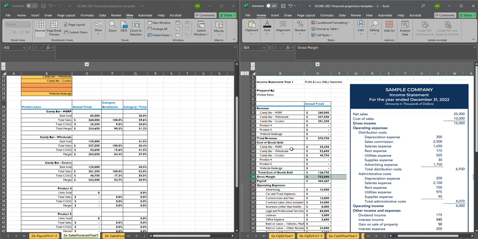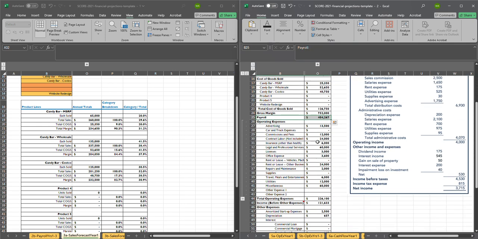So after this subtotal, the next major section that comes in an income statement is the operating expenses. And you can group this in a number of different ways. The sample company has it by expense type. So you have distribution costs, you have administrative costs, and each has its own little subtotal here.